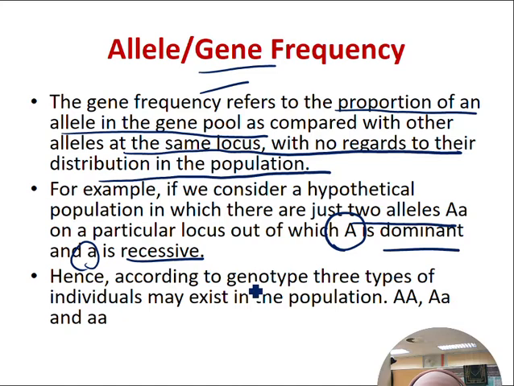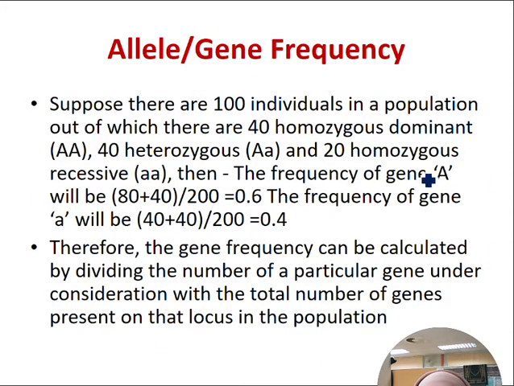So these alleles can exist in that population as homozygous dominant, heterozygous and homozygous recessive people. So we want to calculate the frequency in the population. For example, suppose there are 100 individuals in a population.